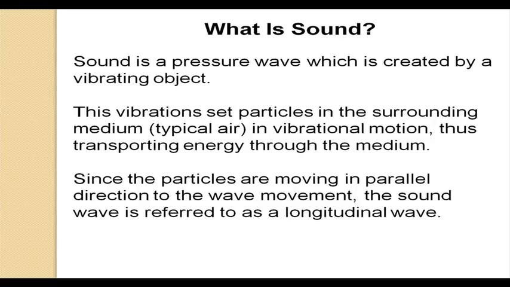So, what is sound? The sound is a pressure wave which is created by a vibrating object. If I strike the table, a sound is generated. That means a sound is always created based on some vibration. Without vibration, sound cannot be created. So, the source of the sound is vibration.